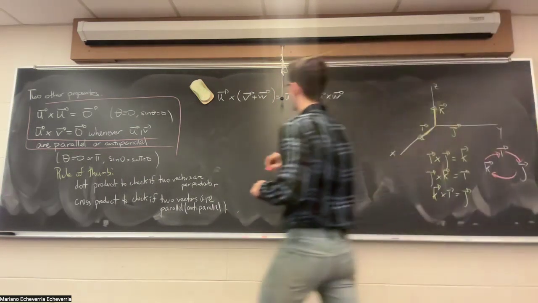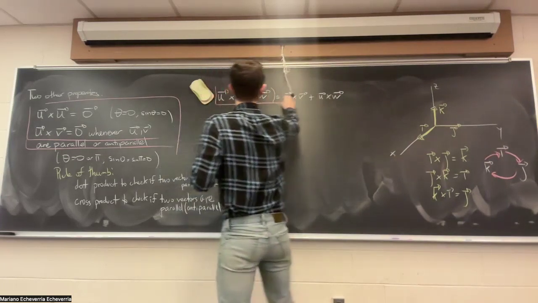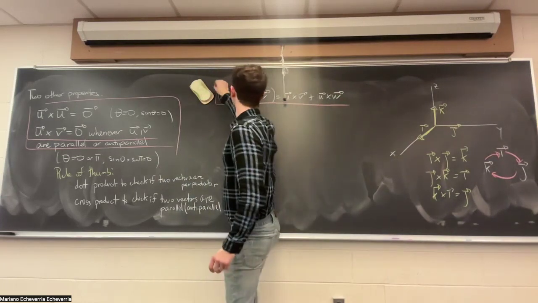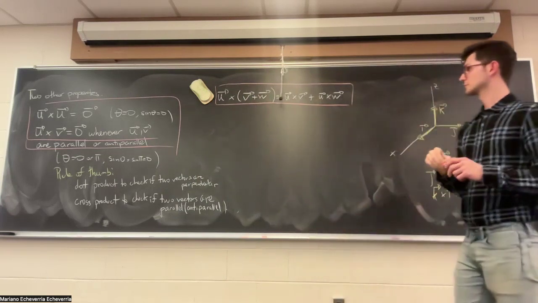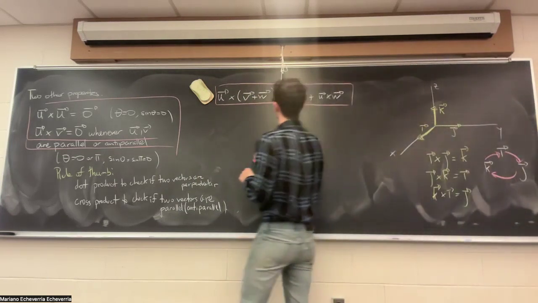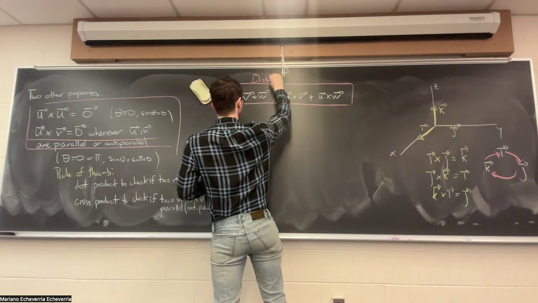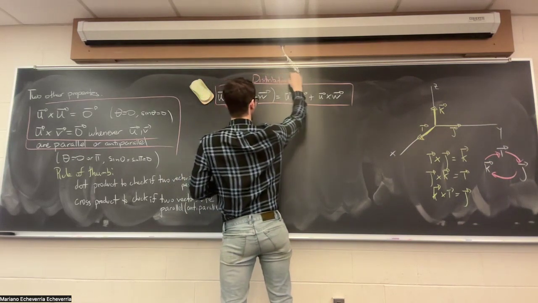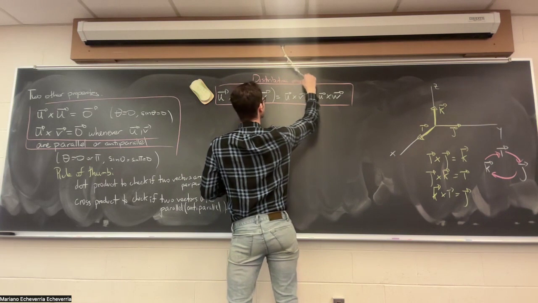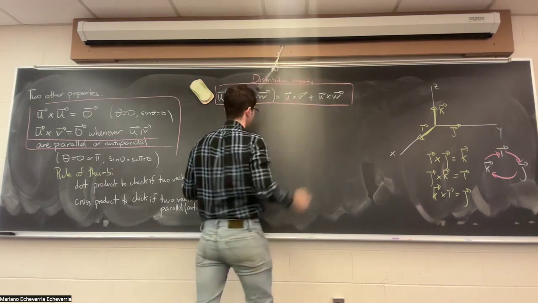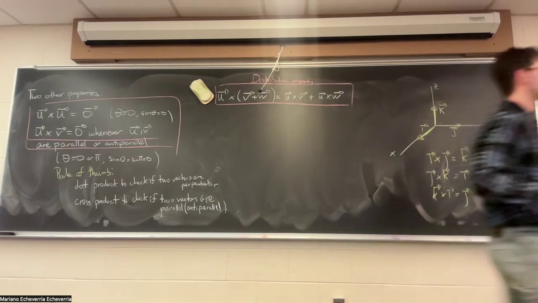So you can still distribute. This is a property that's required for the cross product, if you think about it.